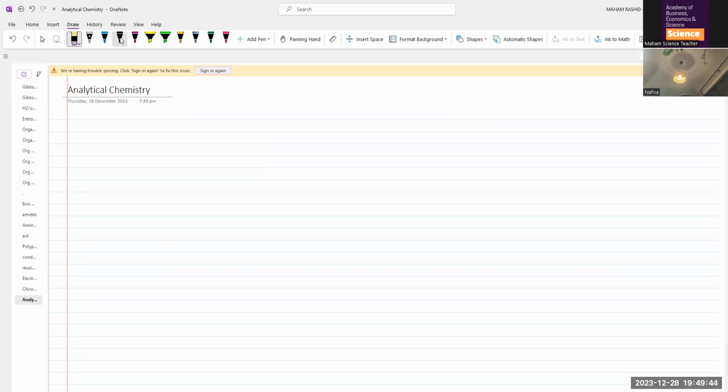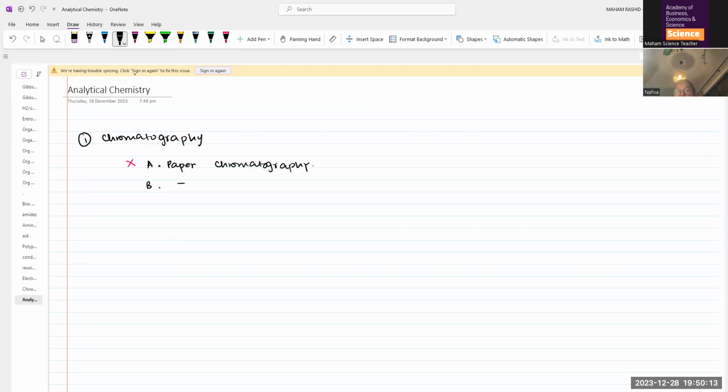So in this chapter, we'll be doing chromatography, which has 3 types. Paper chromatography, which is not in the syllabus, so we won't be doing this.